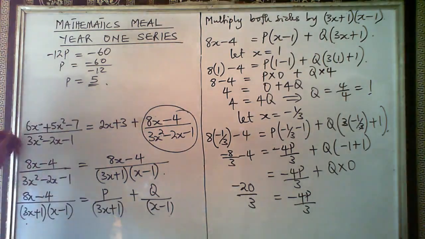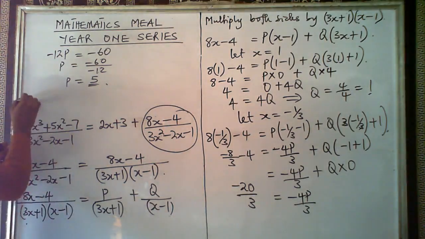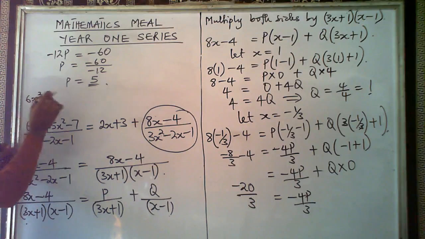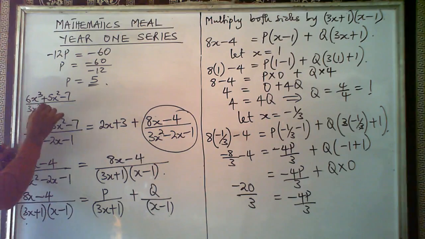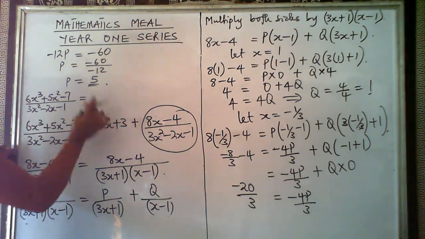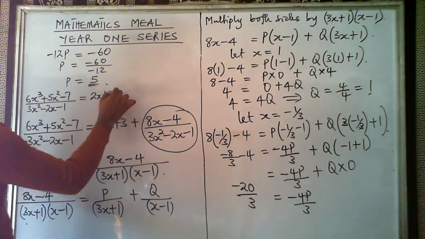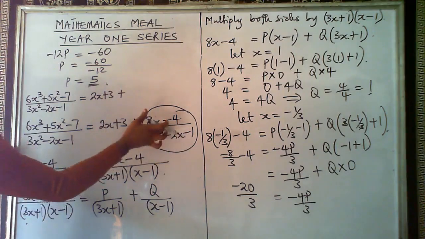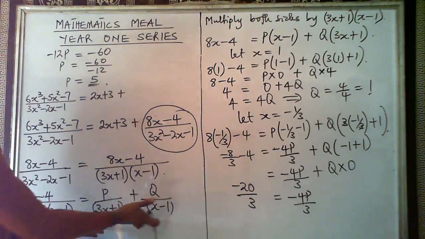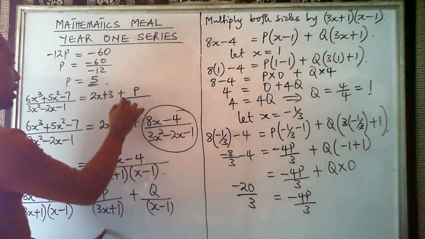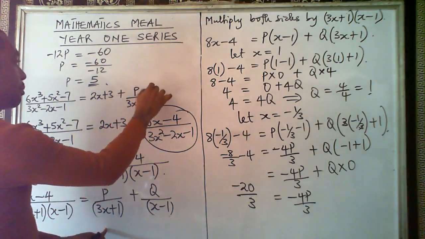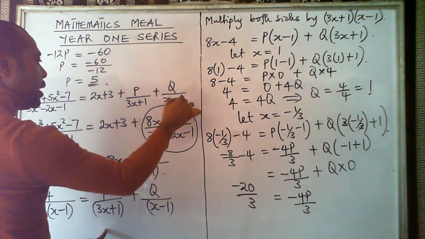So this is our partial fraction: 6x cubed plus 5x squared minus 7 divided by 3x squared minus 2x minus 1 will be equal to what we obtained from polynomial division, plus this. So the whole of this is plus p over 3x plus 1 plus q over x minus 1.